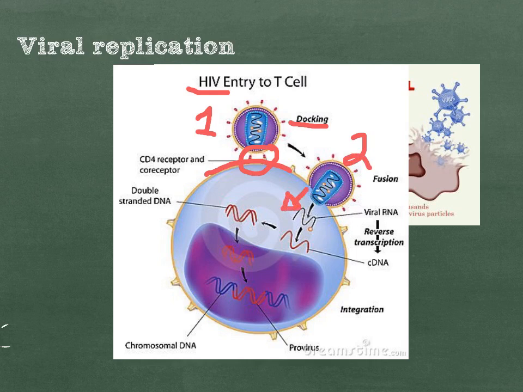In this case, HIV virus does not have DNA as genetic material. It has RNA. Once the genetic material is inserted inside the cell, the third step will be that this genetic material will be fused or mixed with the host cell.